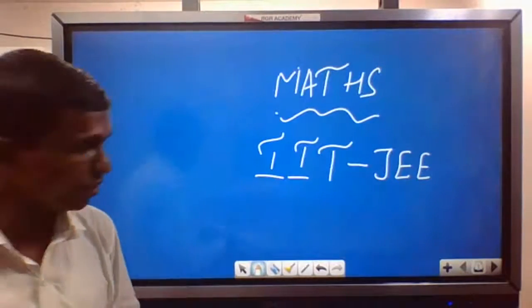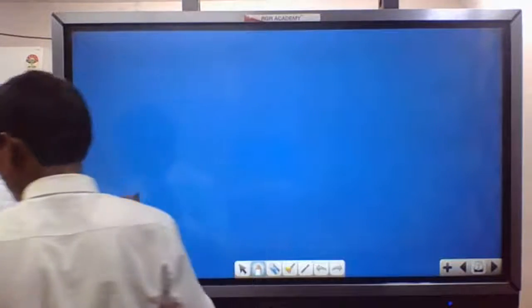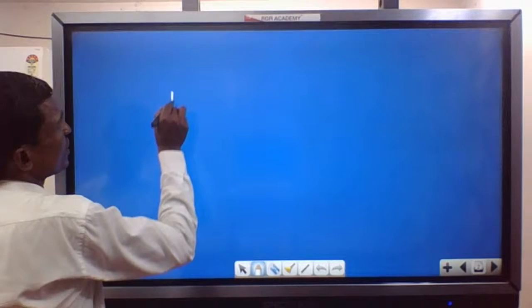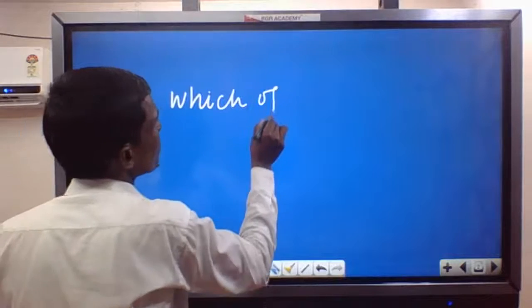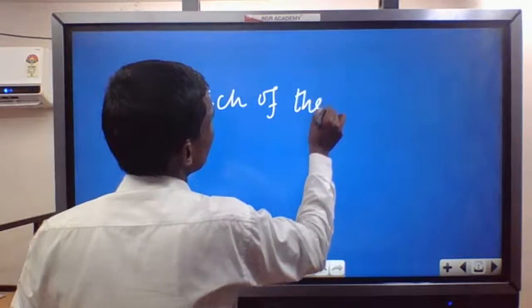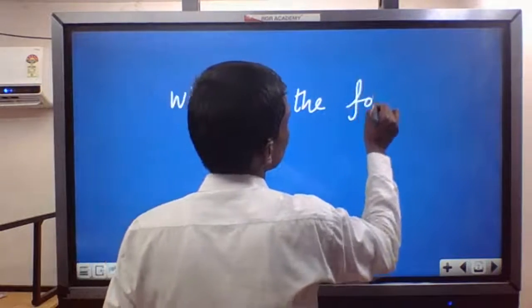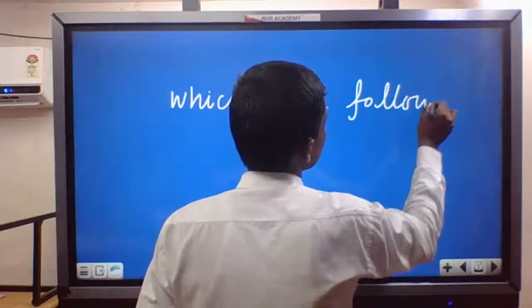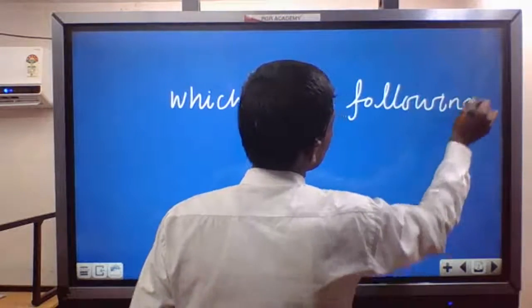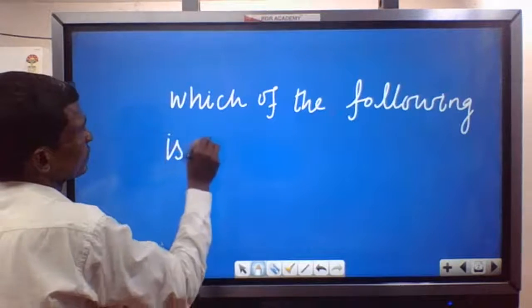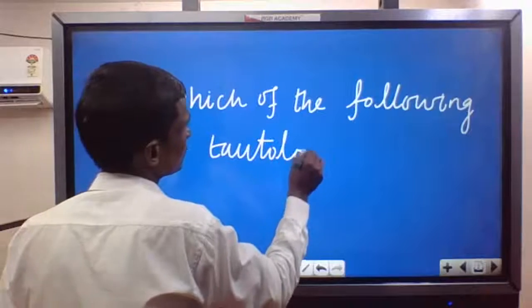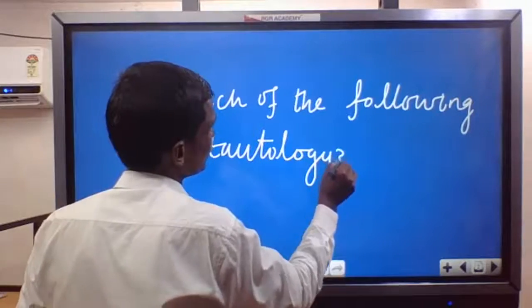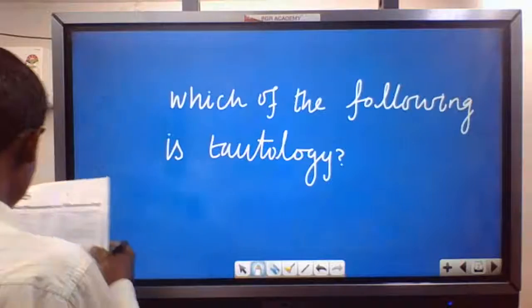Now we are going to the first problem. Which of the following is a tautology?